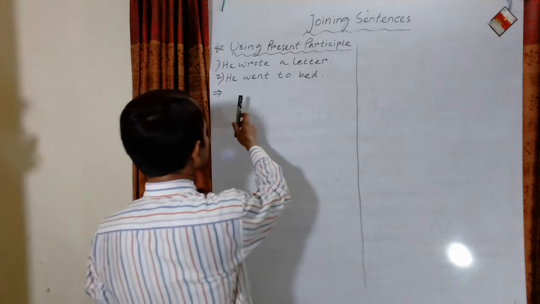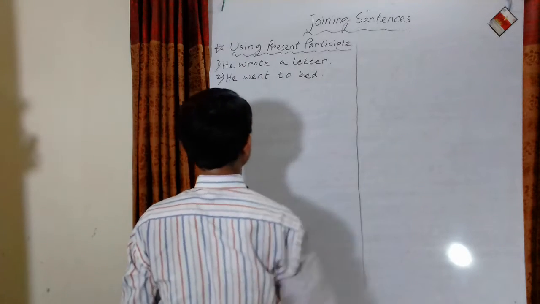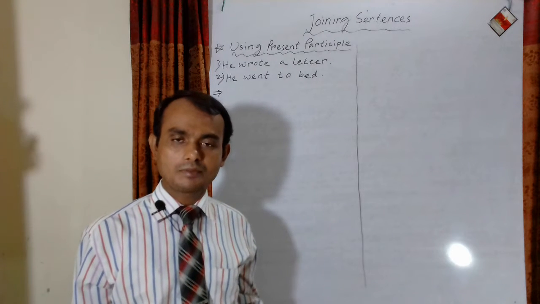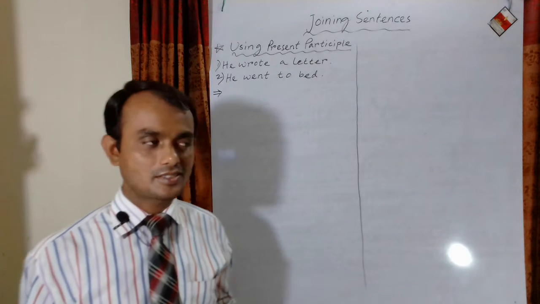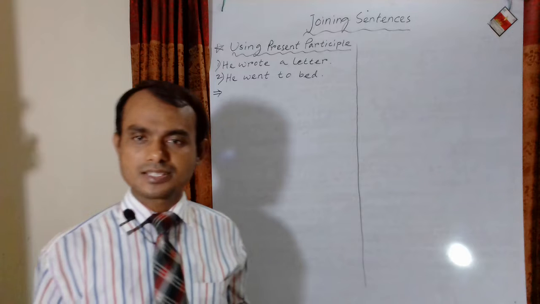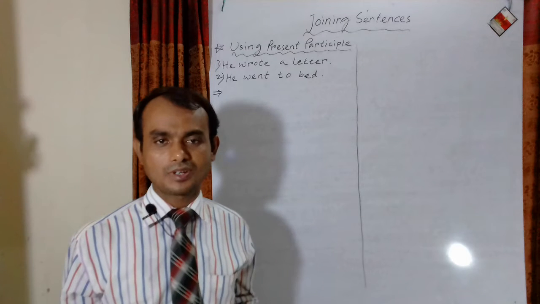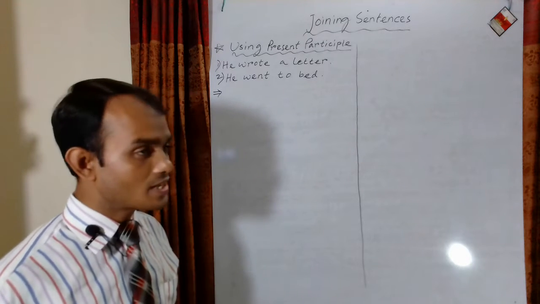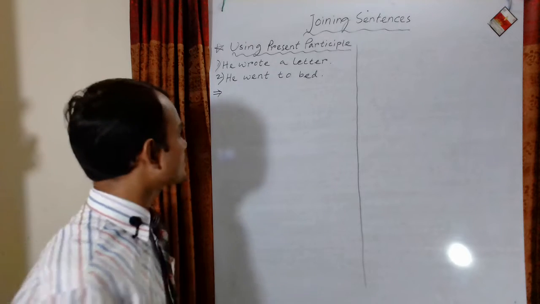We can do it using present participle. What is present participle? Main verb plus ing. I have already made some videos on participle. You can watch those videos, then you can come here and understand very easily.